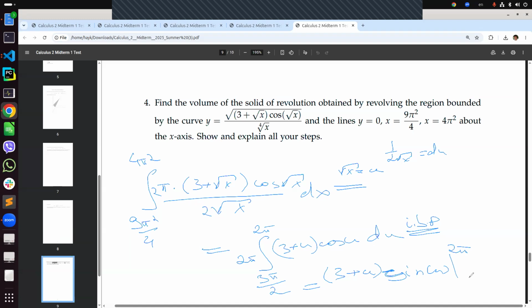From 2 pi we'll get 0, 3 pi over 2, and minus integral of sine u, which is minus cosine u. Okay?